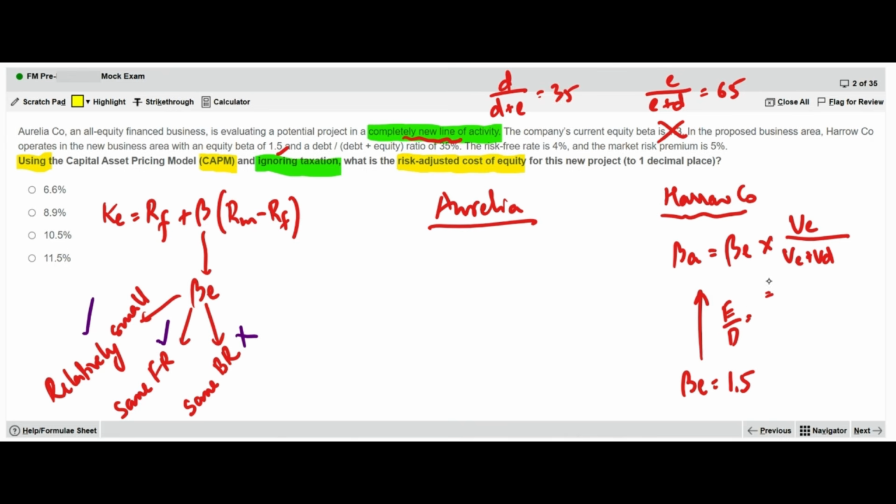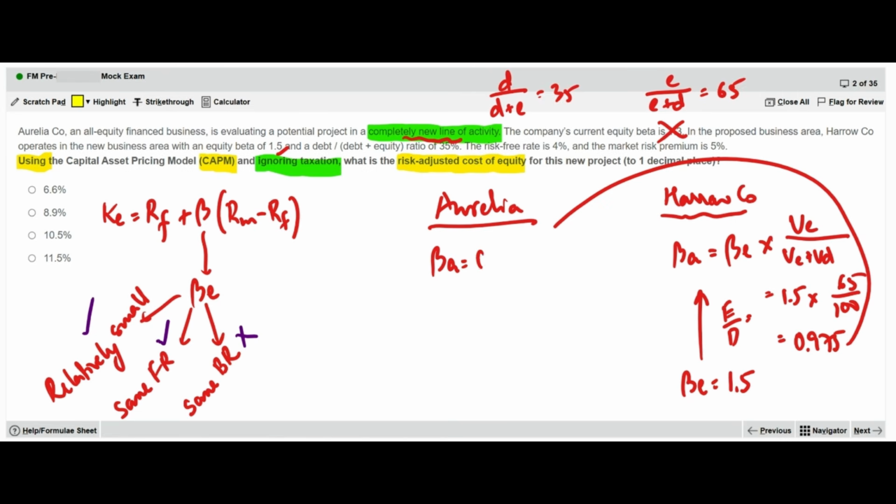Beta equity is 1.5 into 65 divided by 100, which will give me the beta asset as 0.975. Based on Modigliani Miller's assumption, Arulia would have the same beta asset because beta asset is going to remain the same within the industry, so that beta asset is going to be 0.975.